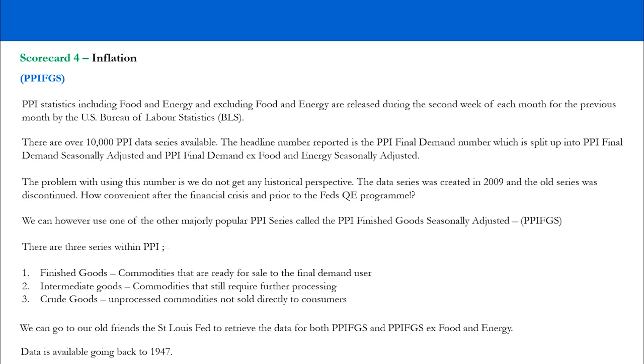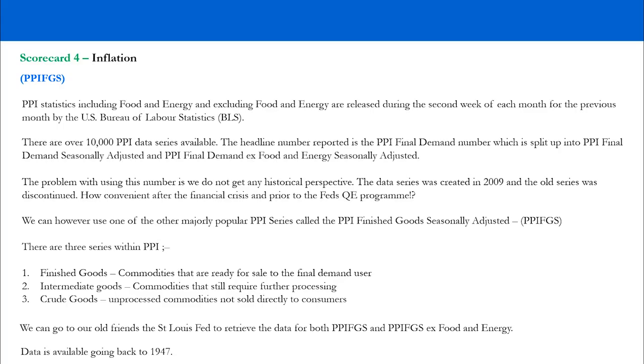So it's quite convenient that it was discontinued in 2009, just after the financial crisis and prior to the Fed's quantitative easing program. What we mean by that is they've redefined inflation. And as we know, a monetary lever like quantitative easing is designed to spur inflation.